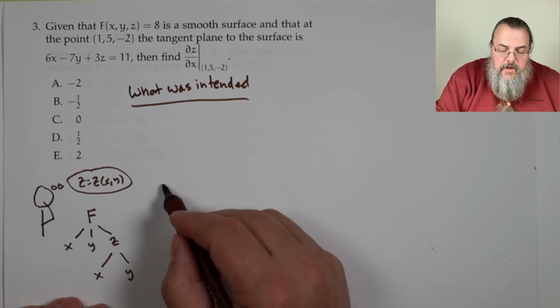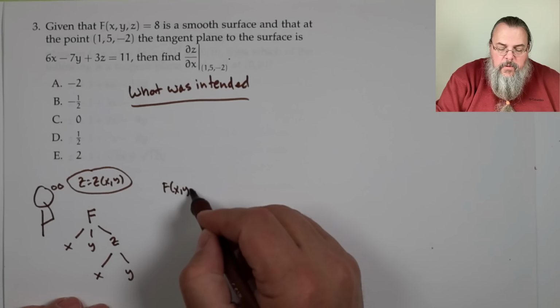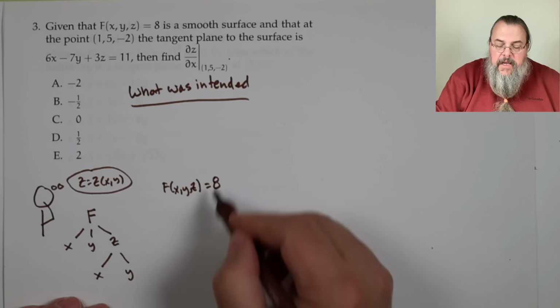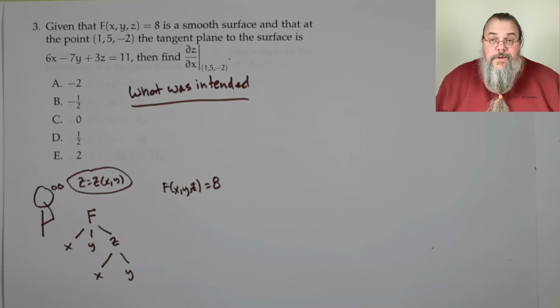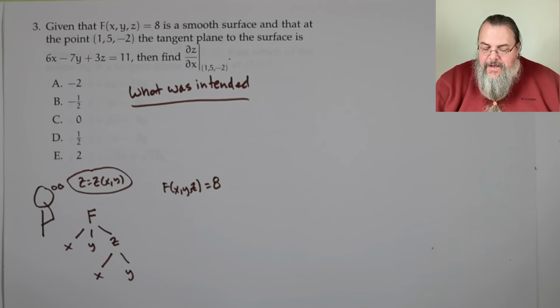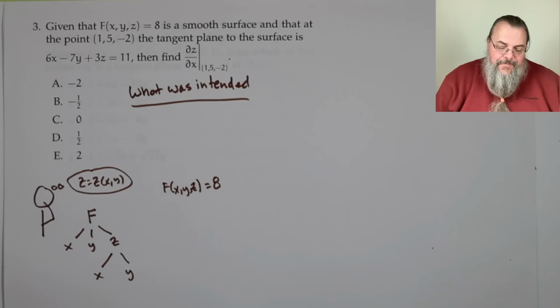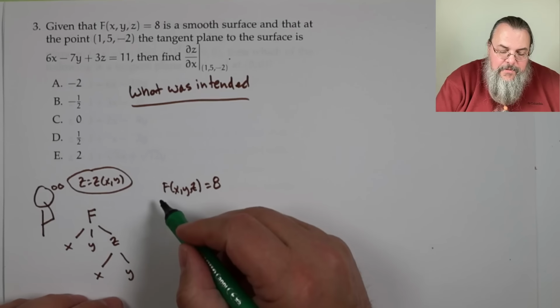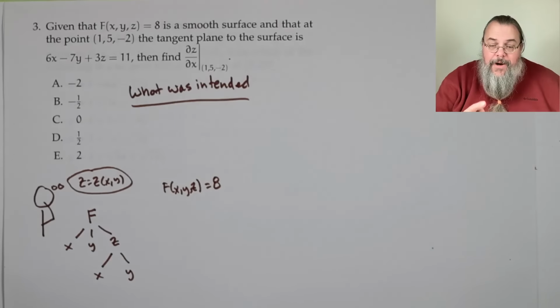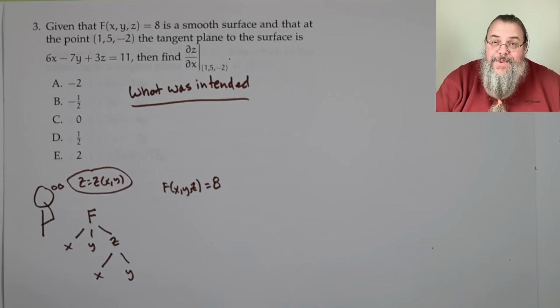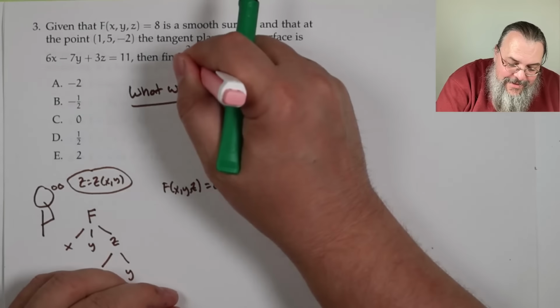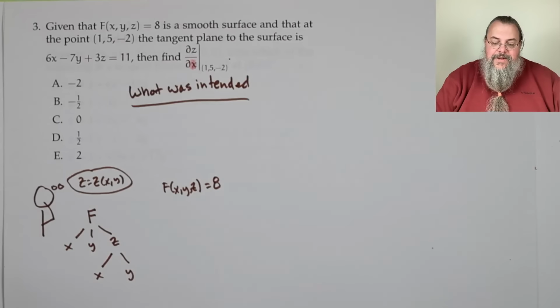So starting with f of x, y, z equals a, we can do the following. We'll take a derivative with respect to x. Now, why with respect to x? Because you see this partial x there.